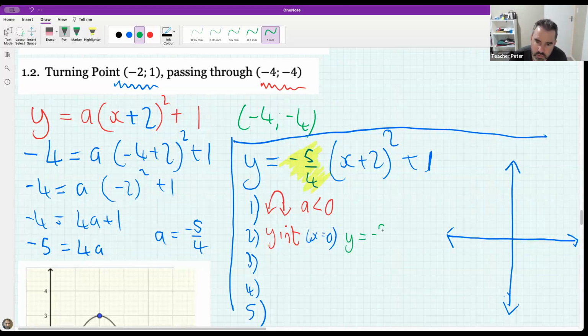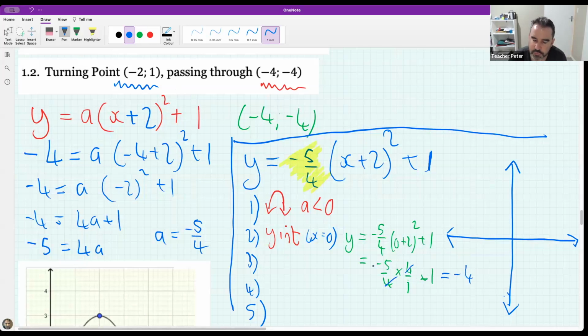So we have minus 5 over 4 times (0 plus 2) squared plus 1. That is a little bit of a mouthful. So I think you're going to get minus 5 over 4 times 4 over 1. Oh, but that's kind of nice because the 4s cancel. Obviously your calculator will be your friend here, but minus 5 plus 1 is minus 4. So the y-intercept is going to be minus 4.